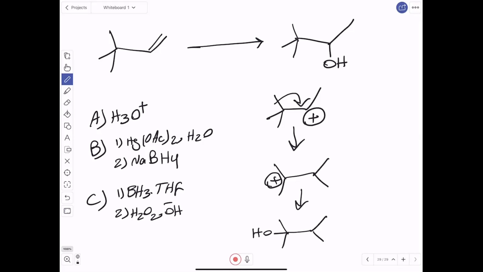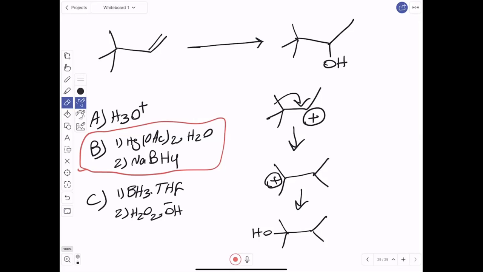No, so I'm guessing just B then. So the answer is only B, because there's no rearrangement in B, and we don't want the rearrangement in this reaction. Question?